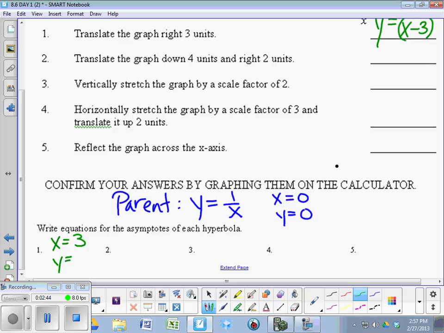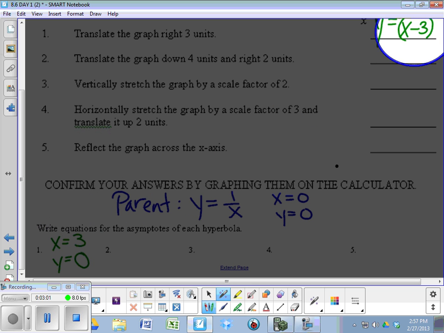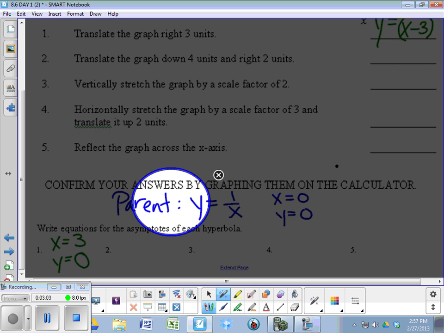No, it stays at 0. So those are the new and improved asymptotes for the graph of number 1. Make sure you understand these asymptotes go along with this equation. All right? So they're tied together right there.